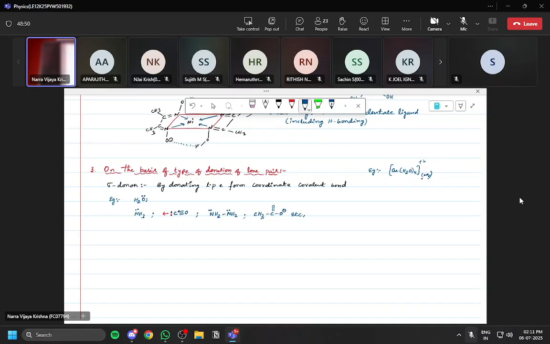That's why I have taken this complex, [Cu(H2O)4]2+. Now, how does it exist? Is it square planar or tetrahedral? Square planar?